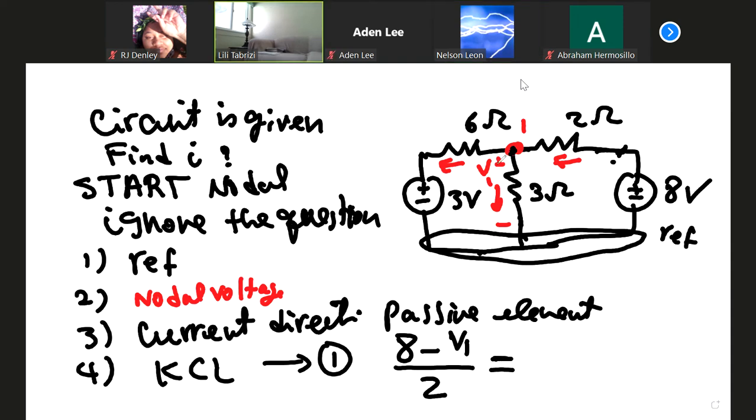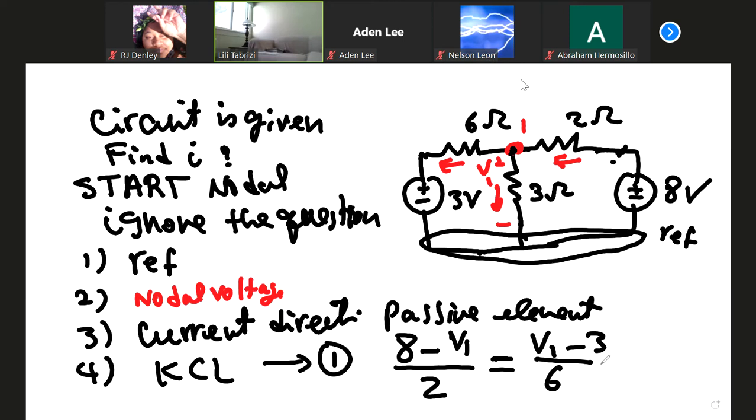Current leaving: use the same method. What is this current? It will be V1, the voltage at one end, minus the voltage at the other, minus 3, divided by 6.